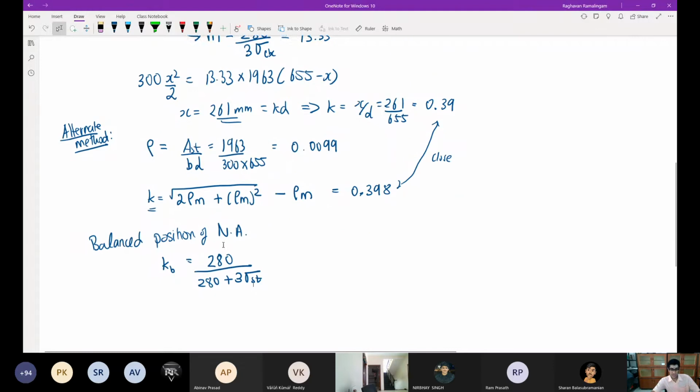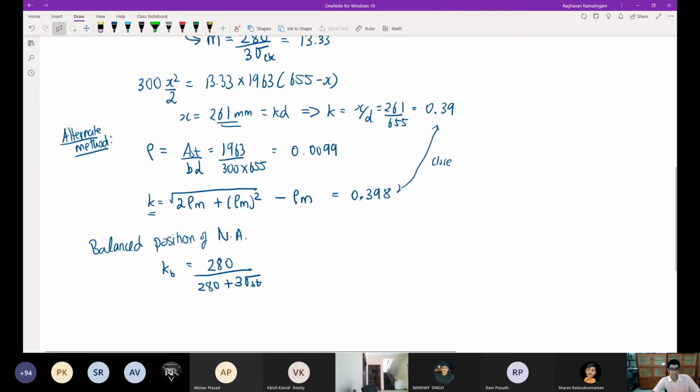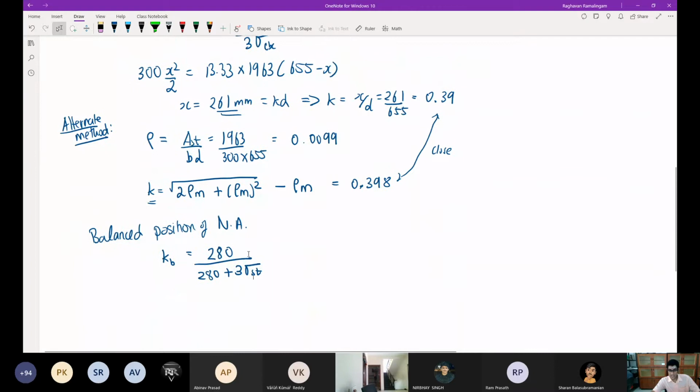But when you want to find the balanced position of the neutral axis, you have 280 and you have 3, but instead of sigma CBC, it depends on the grade of steel. Modular ratio depends on grade of concrete. Position of the balanced neutral axis depends on grade of steel. That is one difference by which you can remember these 2 formulas.